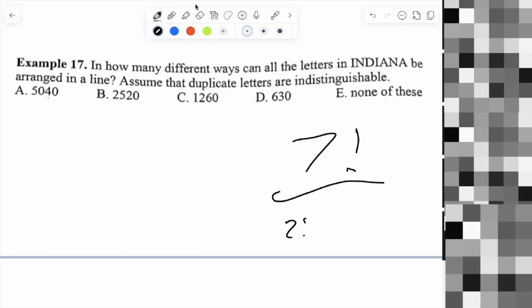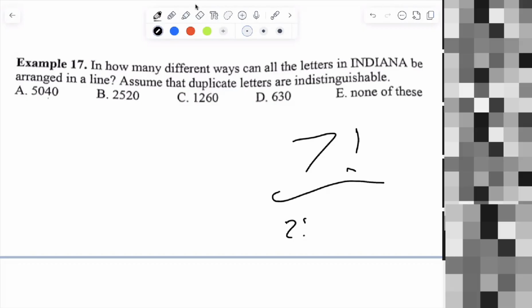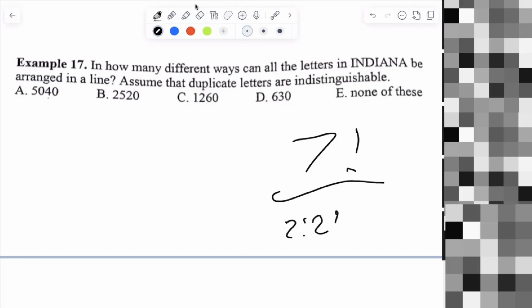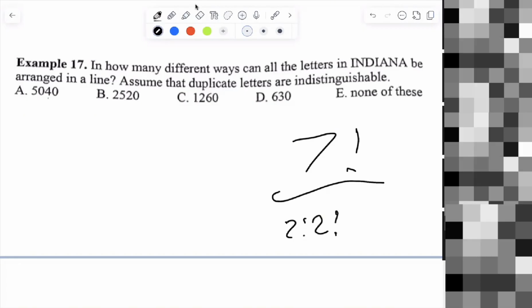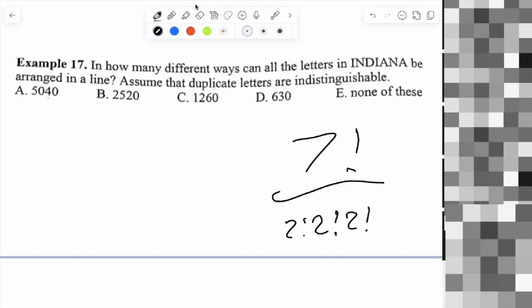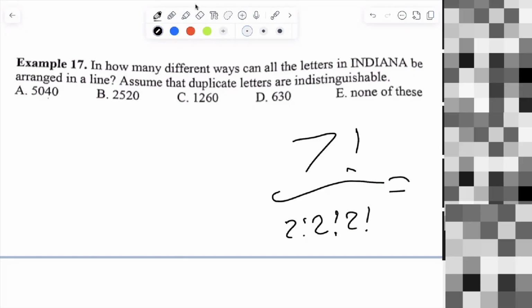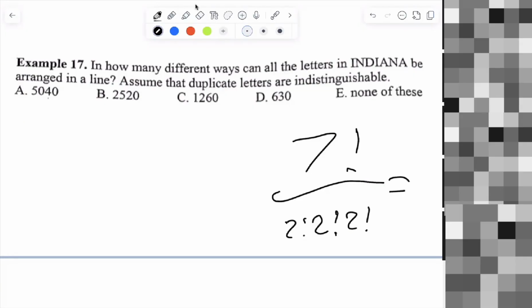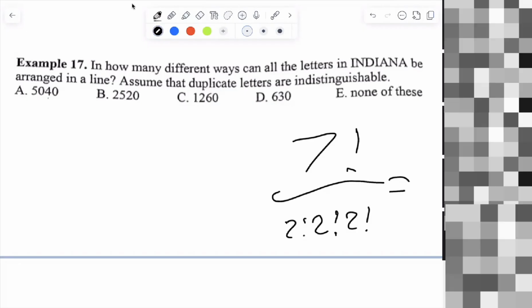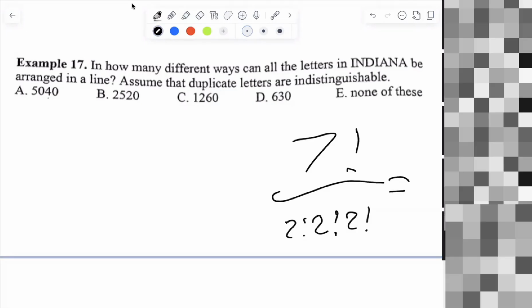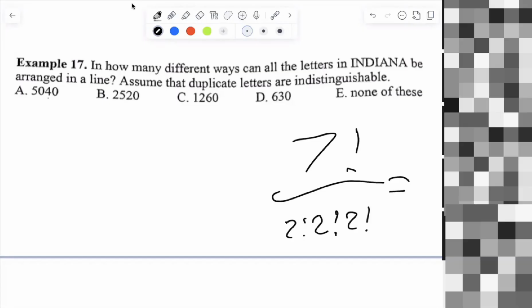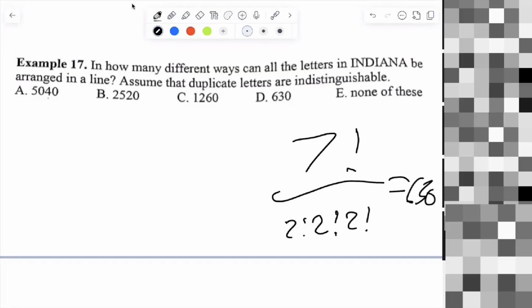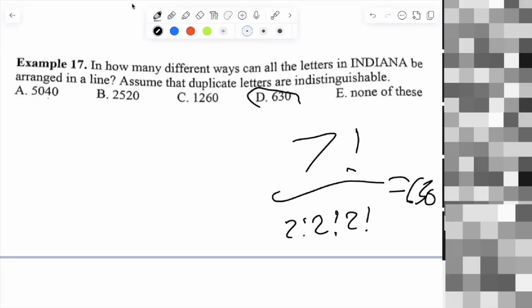If it was 5, we would write 5 factorial. Same for N, 2 factorial, and same for A, 2 factorial. Doing the multiplication all out, we get 7 factorial divided by 8, which is 630. So the answer to this question is D, 630.